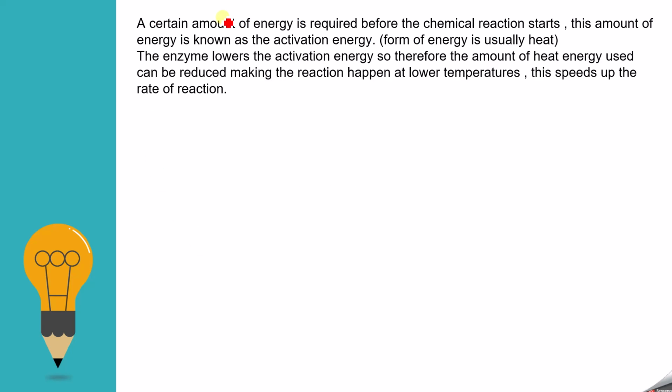A certain amount of energy is required before the chemical reaction starts, so that's activation energy, and this form of energy is usually heat. So the enzyme lowers activation energy, therefore the amount of heat energy used can be reduced, making the reaction happen at a lower temperature, and this speeds up the rate of reaction.